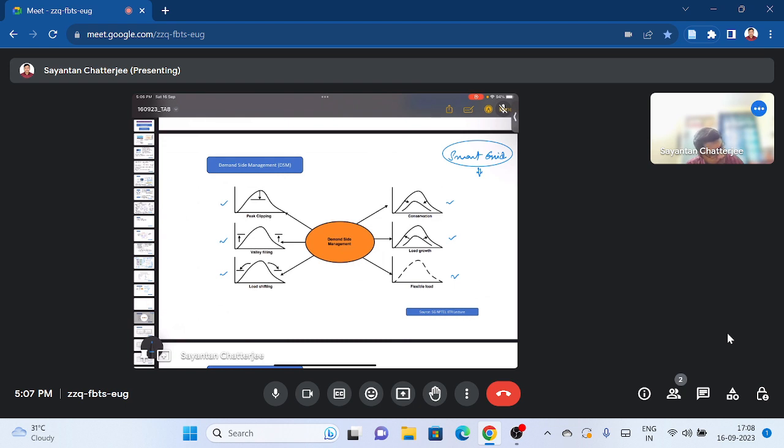What you understand by peak clipping is that this is the system peak loading.